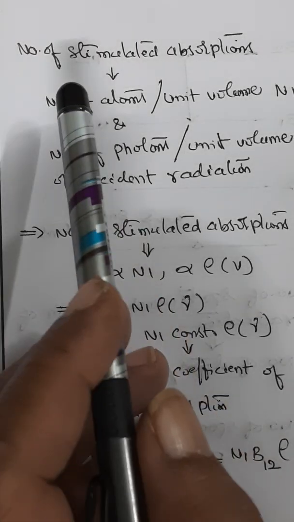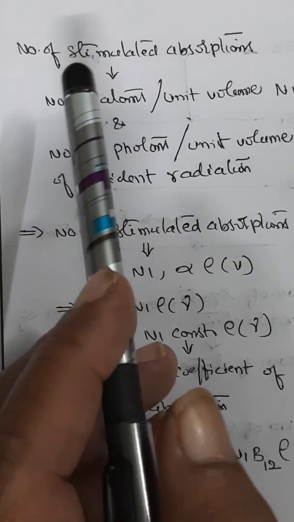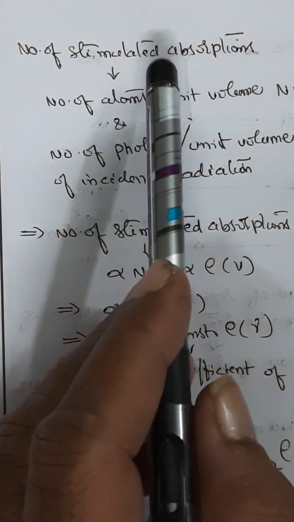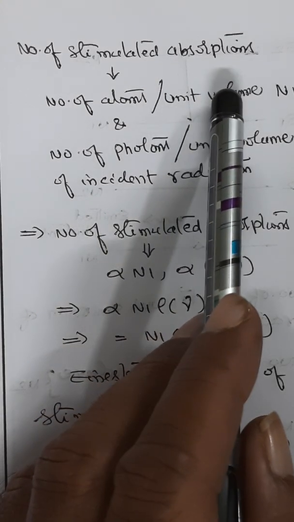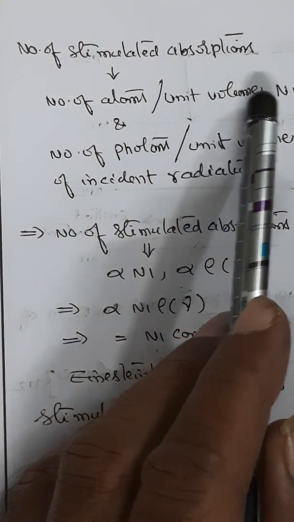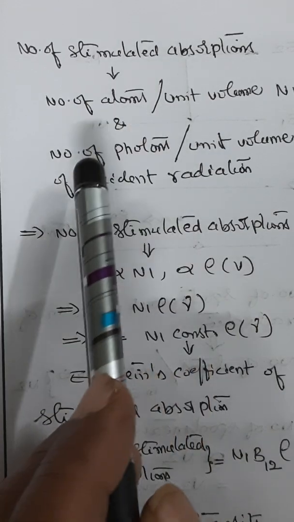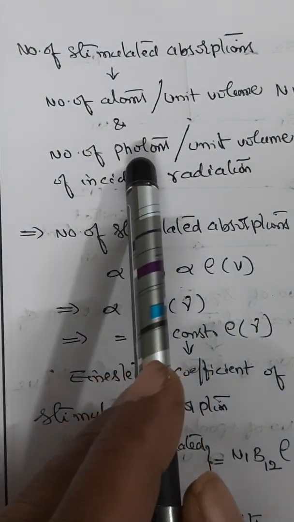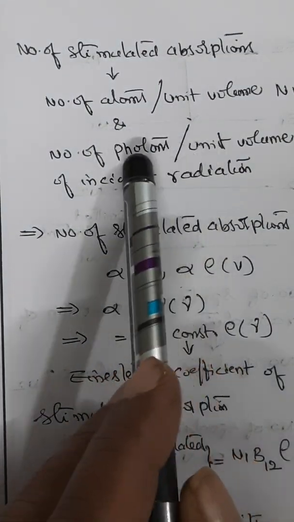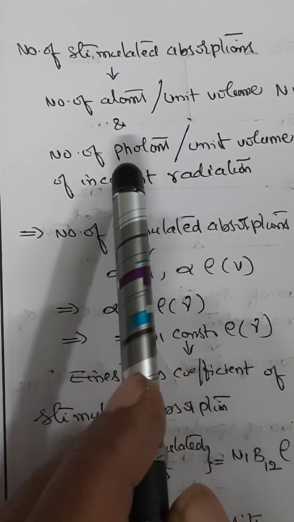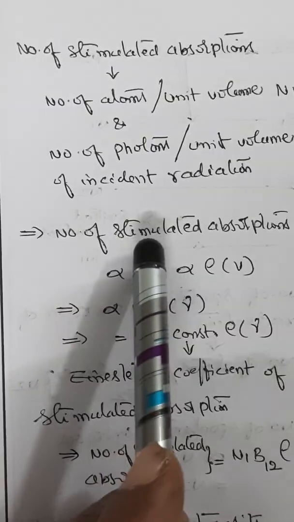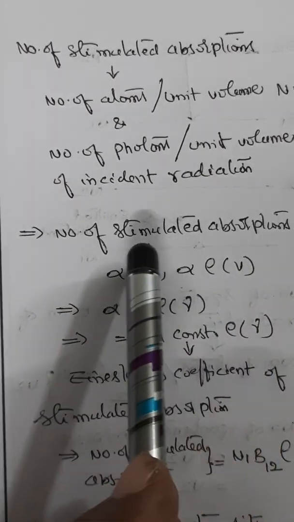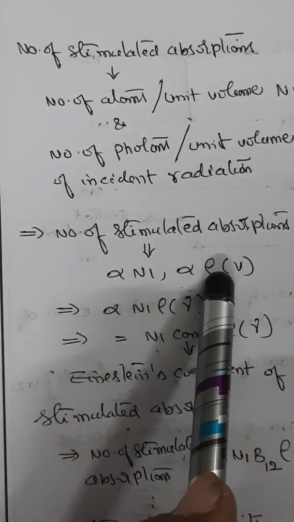So here the number of stimulated absorptions depends on the number of atoms per unit volume N1 in the first level E1, and also the number of photons per unit volume of the incident radiation, that is rho nu. That means the number of stimulated absorptions depends on N1 as well as rho nu.